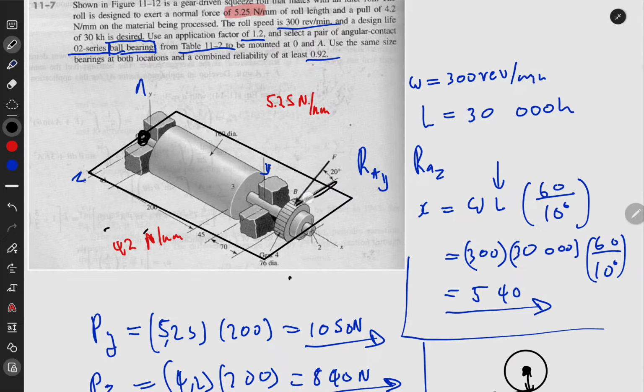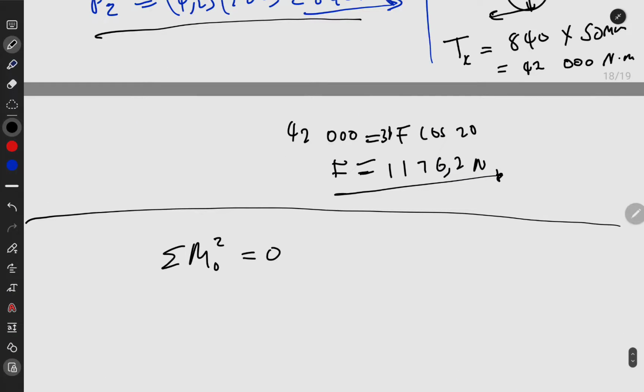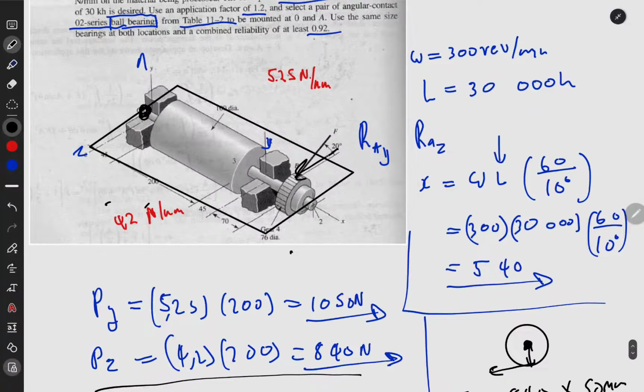So the component here, F cos, has some impact, so let me call it F cos 20. But for moments we need a force and the arm.